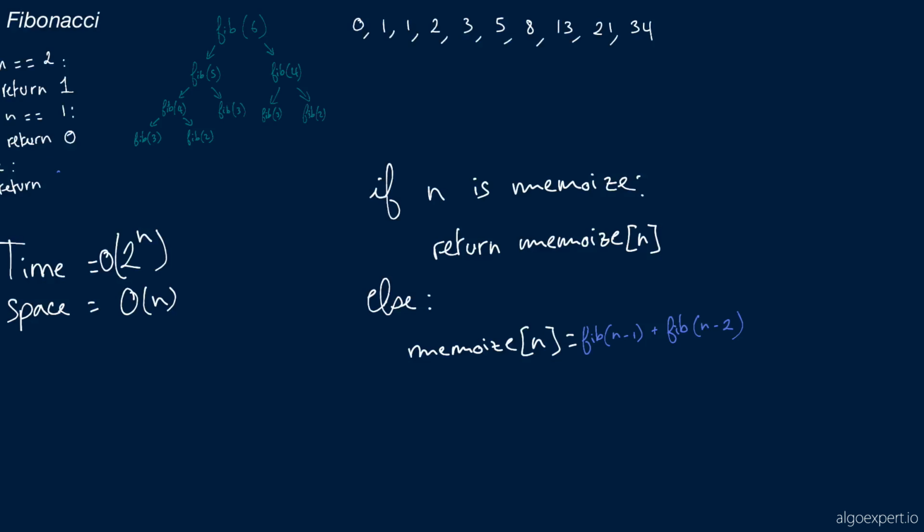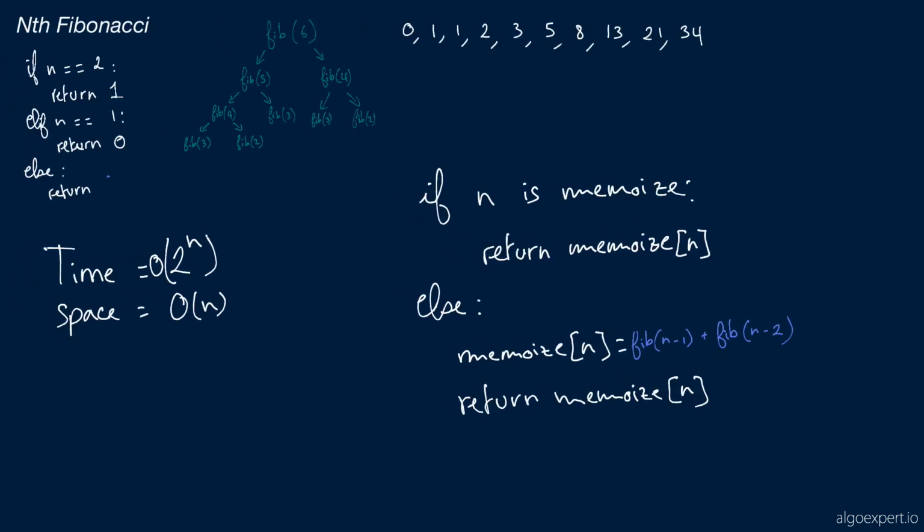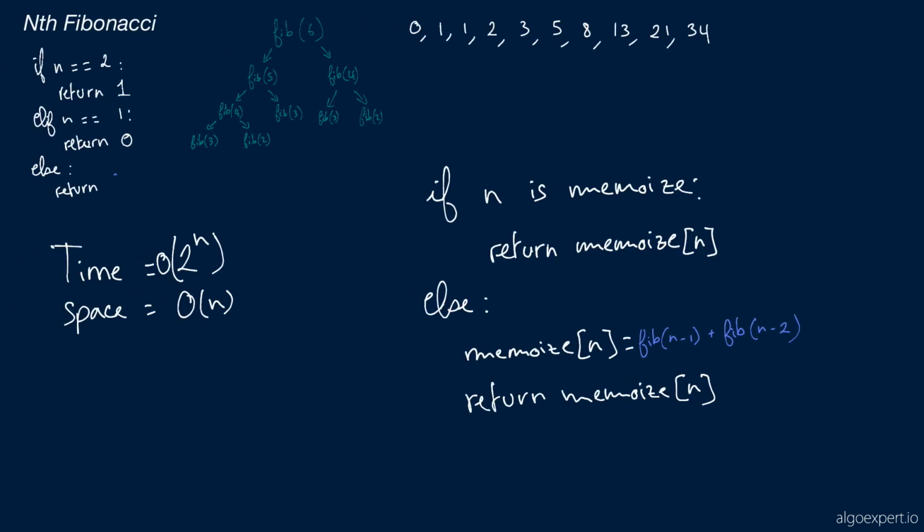And then we say return memwise of n. So what's happening in this function? Here, we're storing things in this memwise hash table, and then we're returning them, and whenever we encounter the same n being called, it's going to be in memwise, and we just access it in constant time.